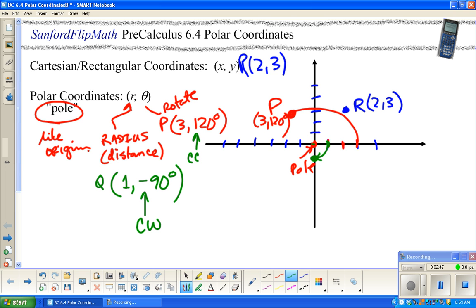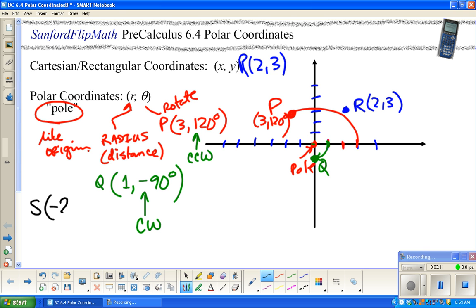Positive is counterclockwise, just like when we were doing all that trig. So this is point Q. One more for variety's sake. Let's call it S, since R was for rectangular.